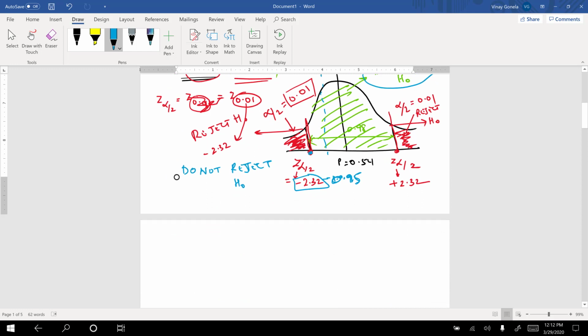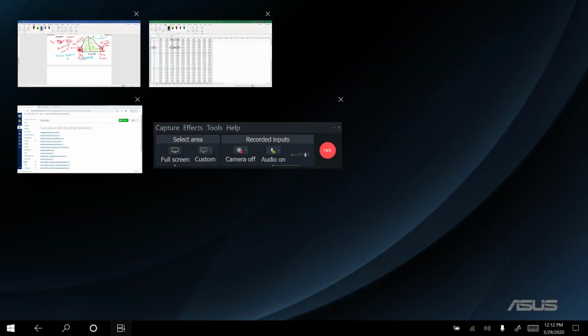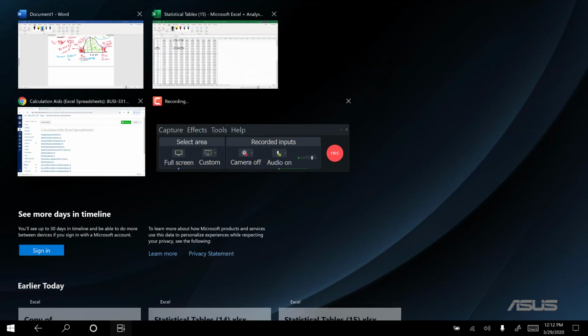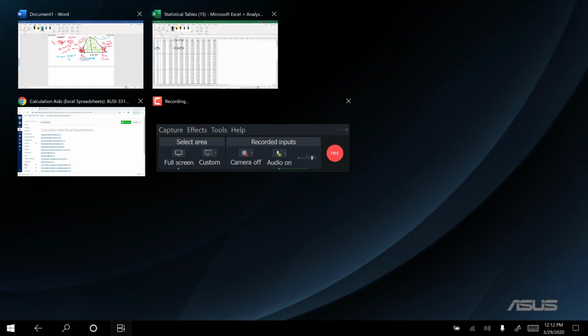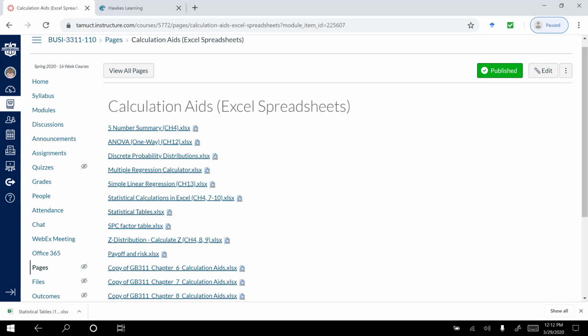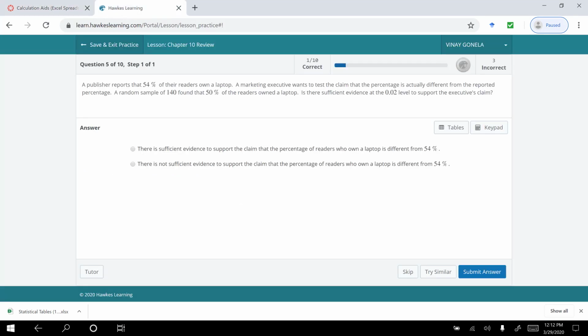So I will go and try to answer this in Hawkes Learning. So that means the publisher's claim is true. Let me go to Hawkes Learning.